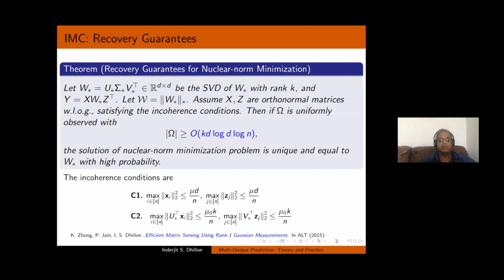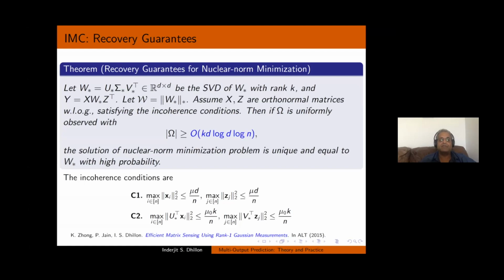And we showed this in a 2015 paper where we showed that in this problem, when the dimensionality is D, then you actually need to observe about k times d log d entries in the matrix, and then you can get exact recovery.